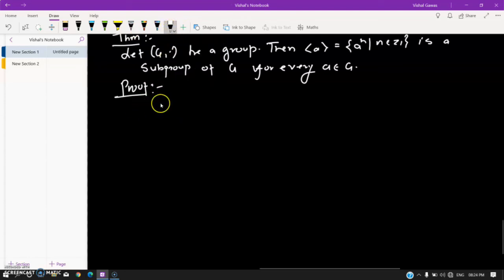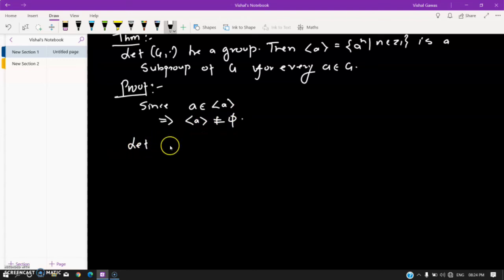What we would do is first of all prove that this set is non-empty. Since a belongs to the set generated by a, because any set which is generated by a must have a inside it, this implies that this is non-empty.